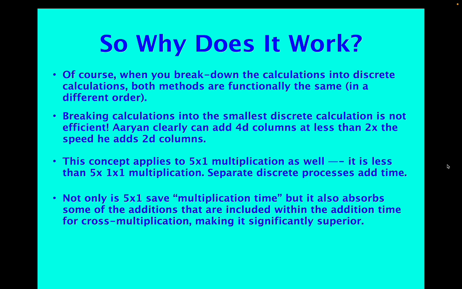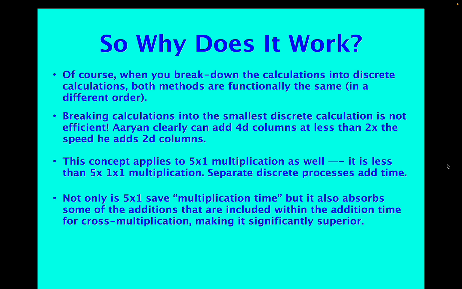And there's another important observation here: not only was the 5x1 multiplication time less than 5 times the 1x1 multiplication time, but when you're doing that 5x1, you're actually absorbing some of the additions that are separately classified in the cross multiplication. For instance, in the cross multiplication for a 5x5, we came up with 16 two-digit additions.